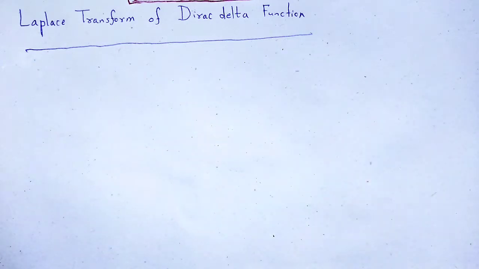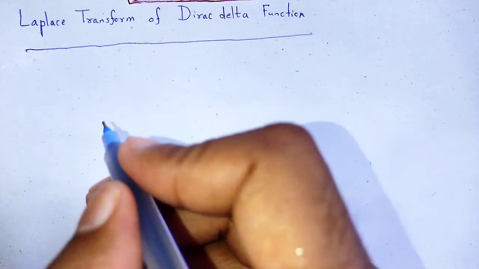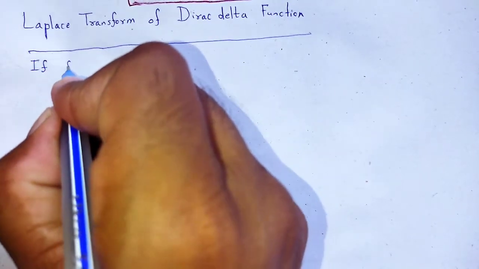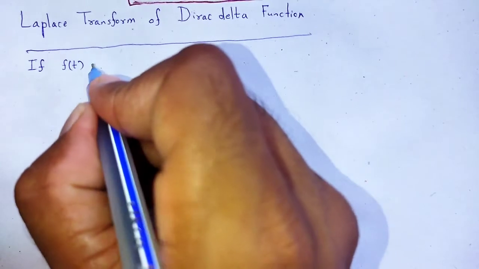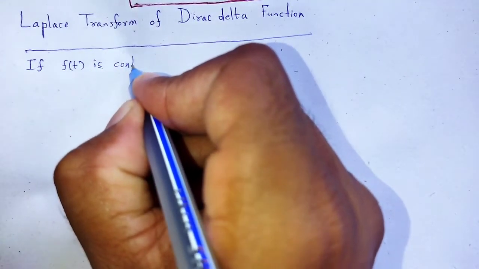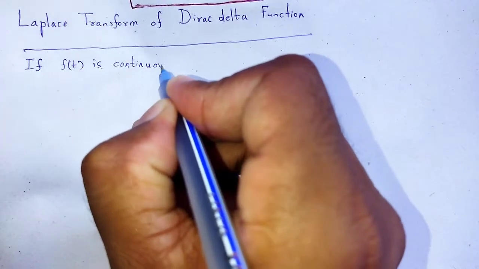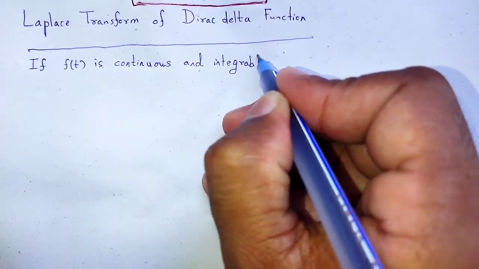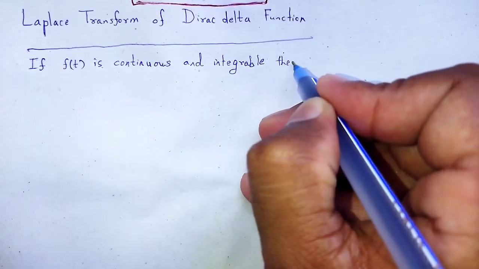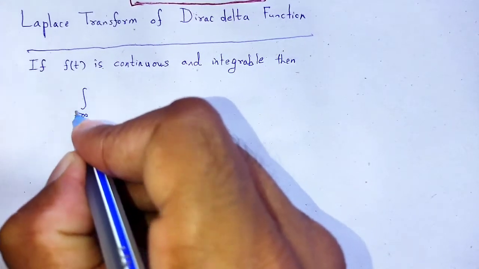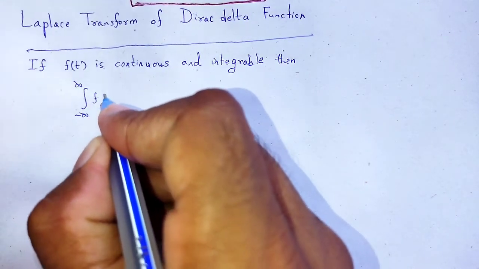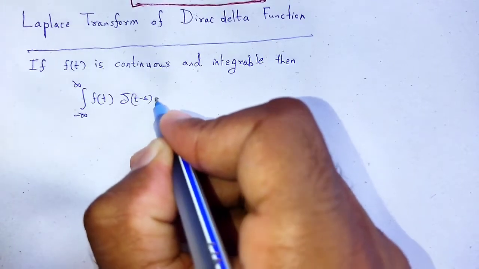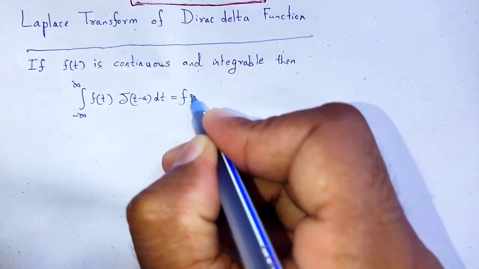When we represent a function in terms of Dirac delta function, first we consider if the function f of t is continuous and integrable, then the integration from minus infinity to plus infinity f of t delta of t minus a dt is equal to f of a.